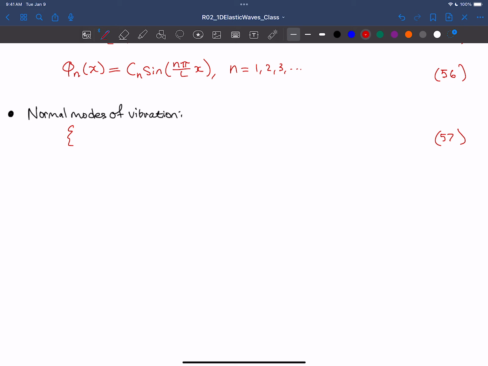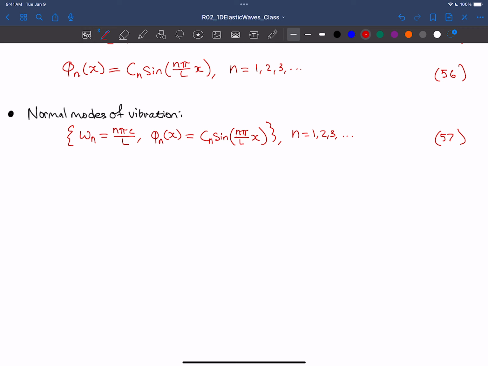It is going to be a set of natural frequencies, omega sub n, equal to n pi c over L, and a mode shape or eigenfunctions phi n of x equal to that constant Cn times the sine of n pi over L times x. And then this is true for n equals 1, 2, 3, and so on.